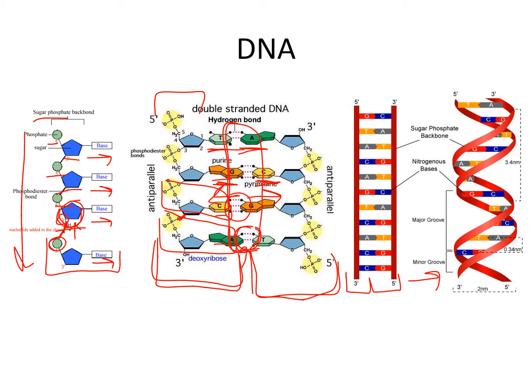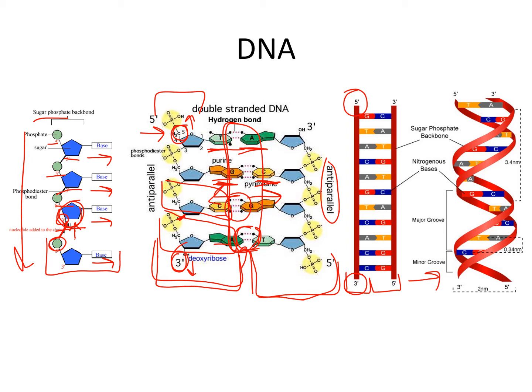Now, another thing to point out to you is that the sugar phosphate backbones are anti-parallel. So each backbone has a 3' end and a 5' end, and that refers to the carbon that is closest to the end. So in this structure on a 5' end, this 5' carbon is the furthest at the top, and over here a 3' carbon is closest to the bottom there.